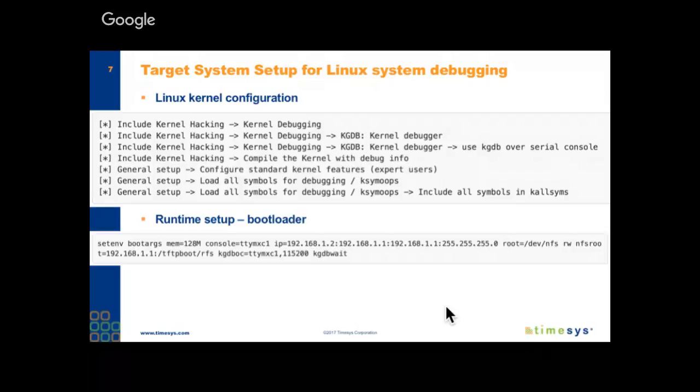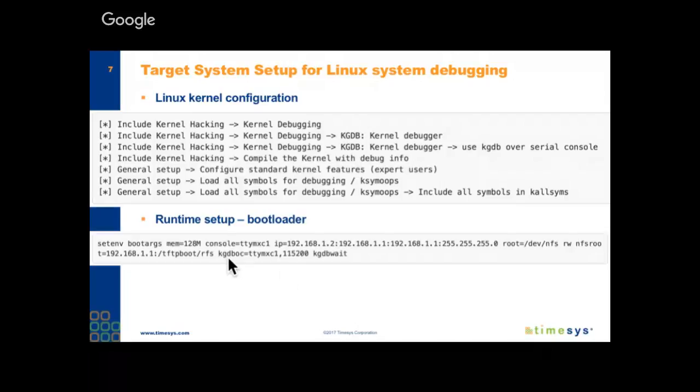To boot the Linux kernel and to set it up for an initial Linux kernel debug session, we have to also instruct the Linux kernel to stop at boot time. So assuming that you've configured the Linux kernel with KGDB and all the symbols, it starts on the target in the bootloader itself, where you have something called boot args. You would specify these two additional options at the end of the command line.